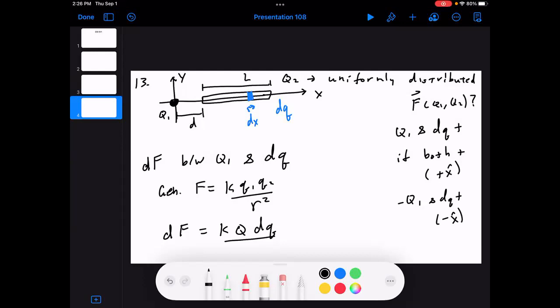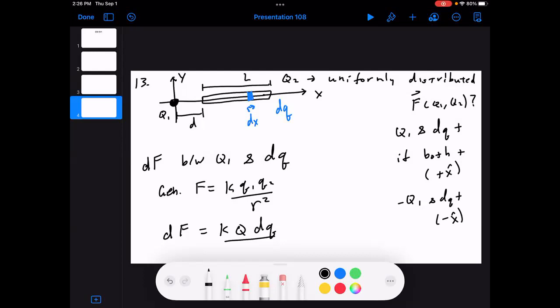What are your initial thoughts? If you were going to tell me the position of dq, d plus L minus whatever the x position. Okay, actually, I kind of like that. I'm going to say no, but only because I need to repeat where the origin is.